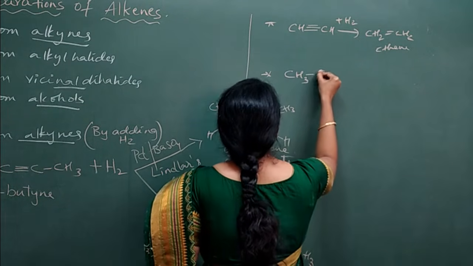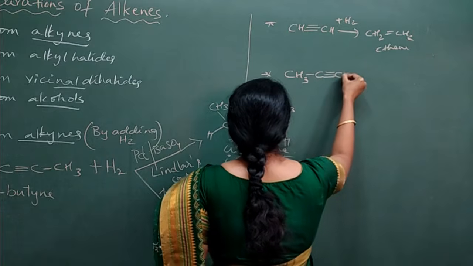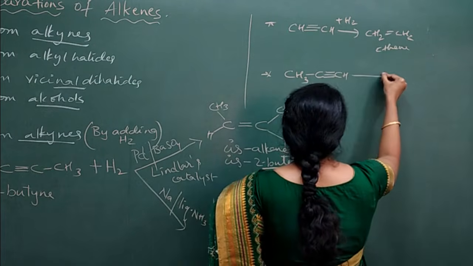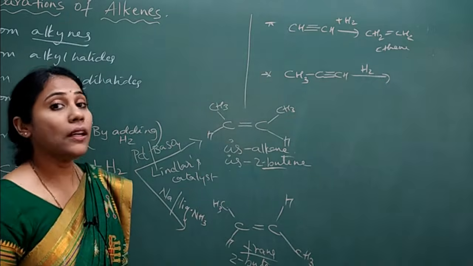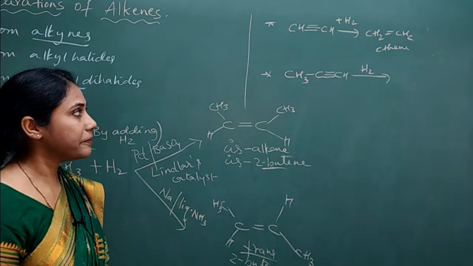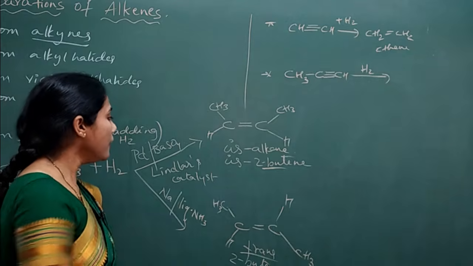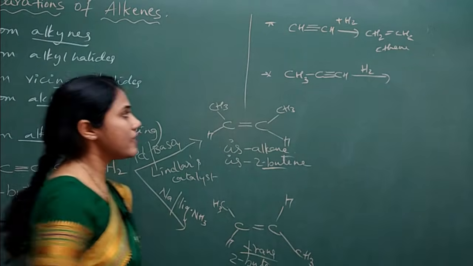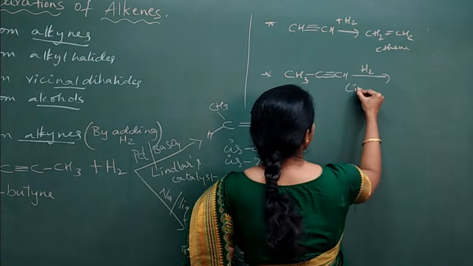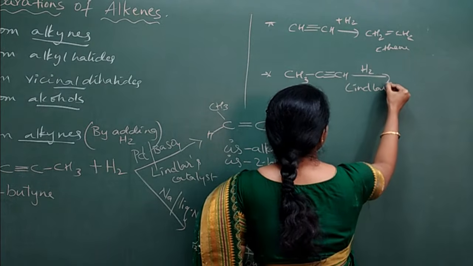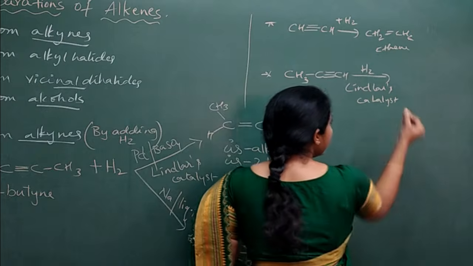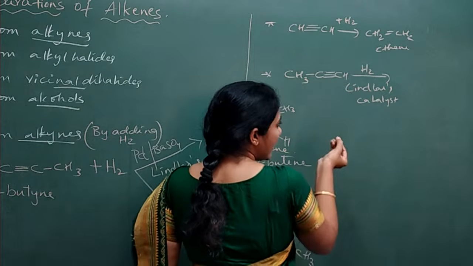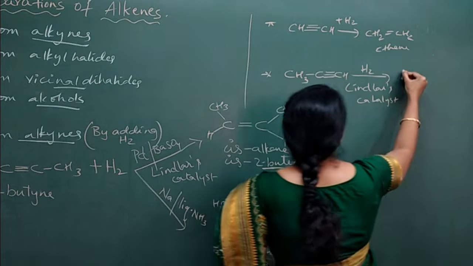CH3-C triple bond CH. So for propyne, in case I add hydrogen, what is the product that you are going to get? See, suppose here I use Lindlar's catalyst, tell me what is the product that you can get. You can try it in your notebook and later check it with the answer that I write.